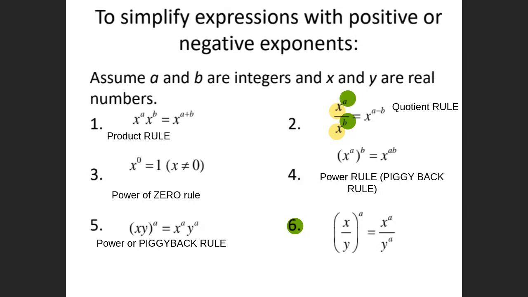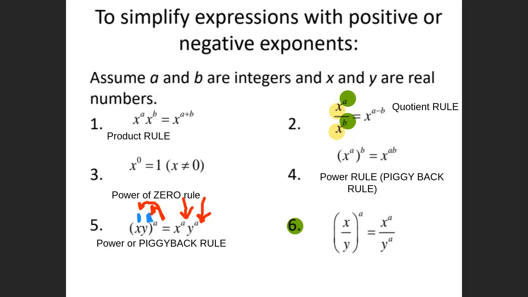But with number 5, you had to realize that inside the parentheses, the x had an exponent of 1, the y had an exponent of 1, and we then distributed a multiplied by 1, a multiplied by 1, which is how I got x to the a power, y to the a power.